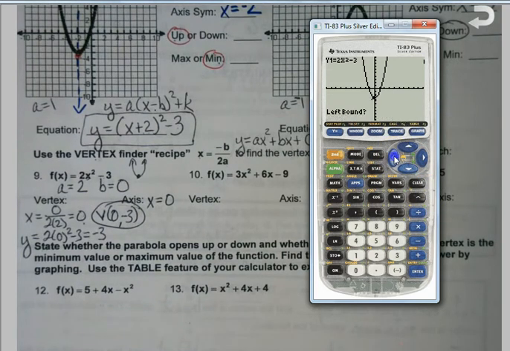So when it says left bound, as long as my cursor is somewhere on the left side of my vertex, anywhere to the left, doesn't matter, hit enter. Then the question changes. It says right bound, which means put the blinky guy somewhere to the right of where the vertex is. Once it's anywhere over here, hit enter again.